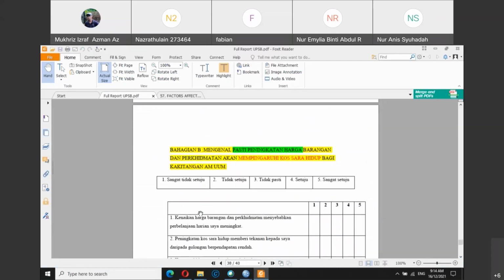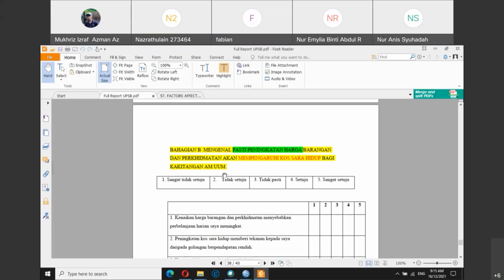Basically what I want to focus on is the Likert scale, because I think all of the groups will be relying on the Likert scale questions to answer your research questions. That's where you apply what you have learned in your statistics paper, especially the ANOVA or the t-test, when you want to compare between two populations, or between 3 or more populations when you use ANOVA. I already showed you in our previous lectures.